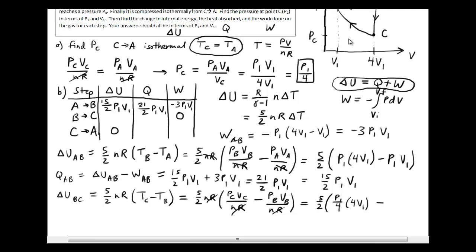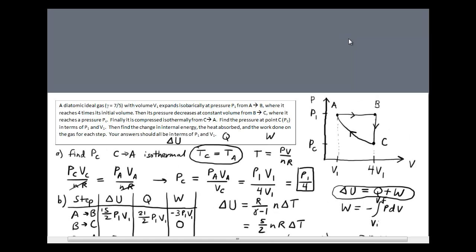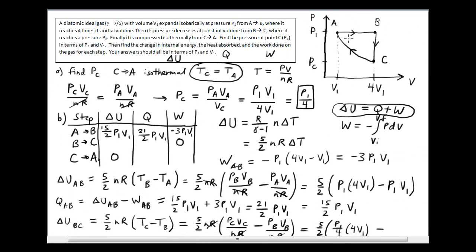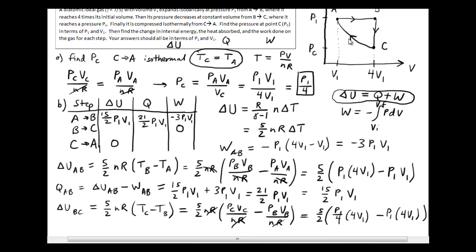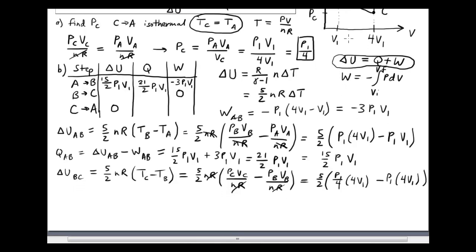Here I'm going to go back up to see the sketch a little more clearly. PB VB is P1 times 4V1. Well, the 4's cancel, and so we have P1V1 minus 4P1V1, which is negative 3P1V1.